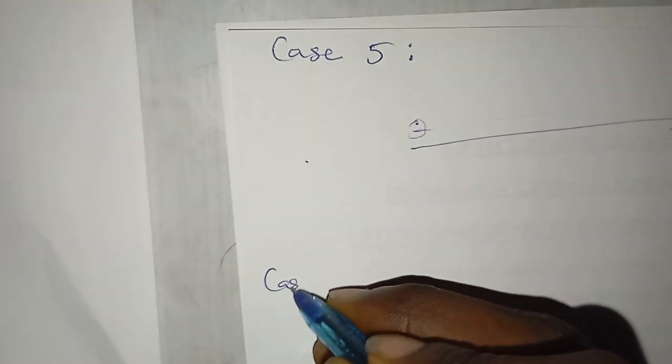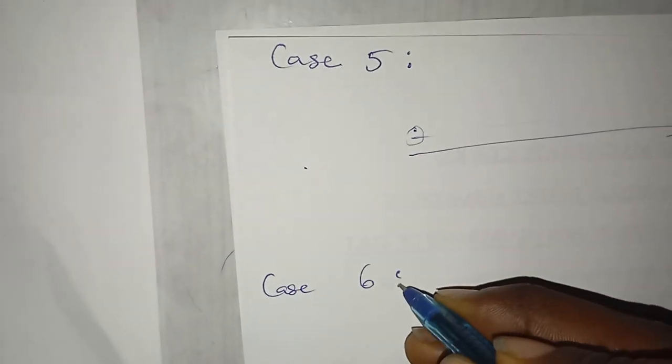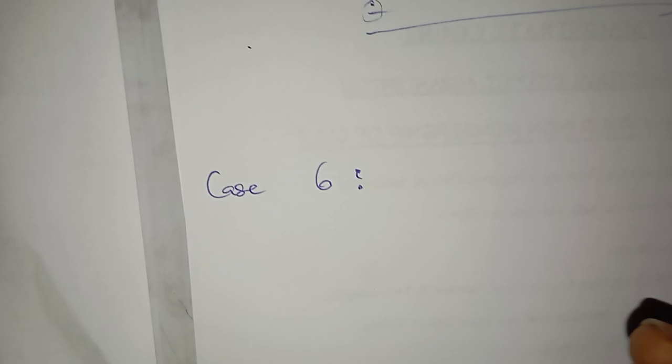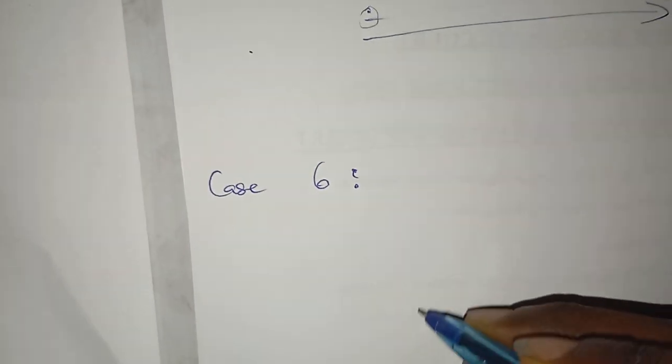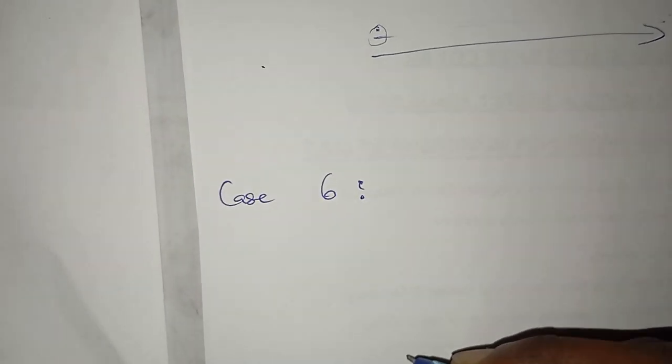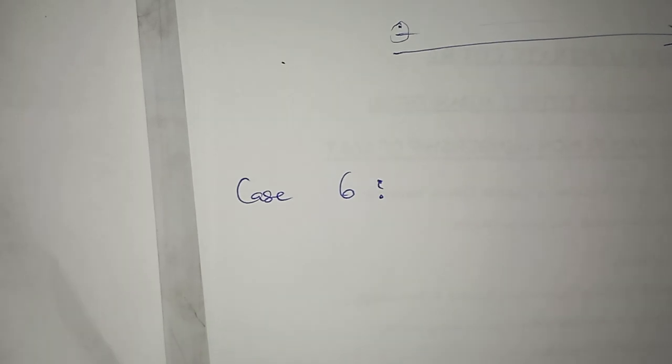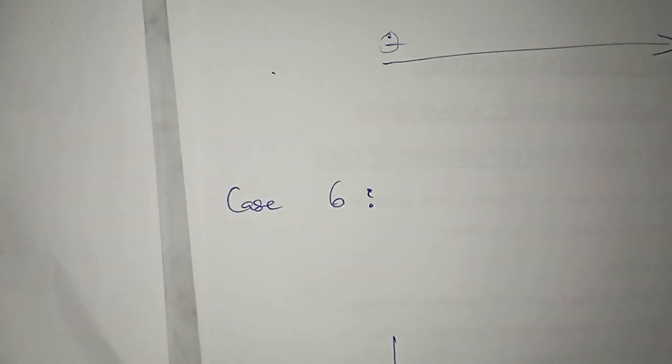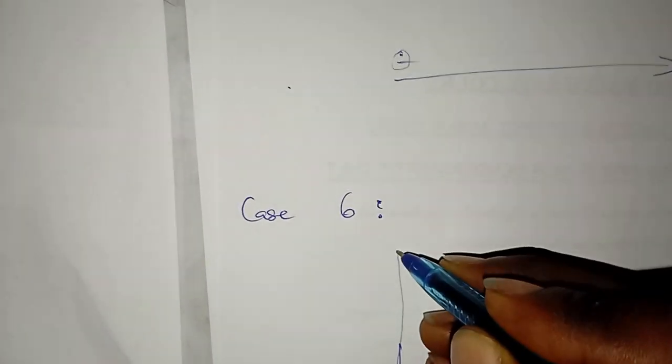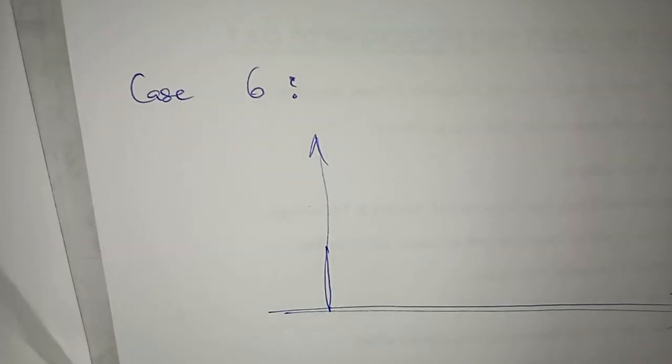Then case 6, and that should be the last case. We have different cases, but these are the tangible cases, and all other cases fall under these. Let's say I have this plane of horizontal, a vertical axis and a horizontal axis. A ball is played.